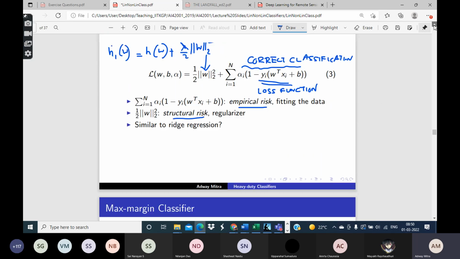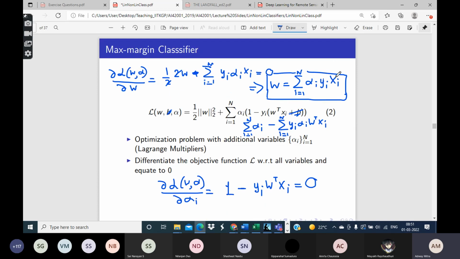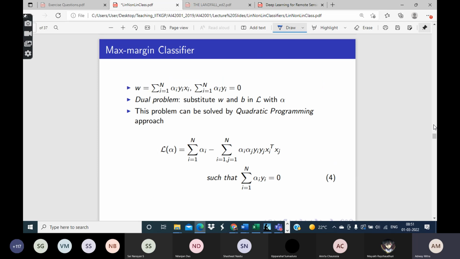This expression for W is not going to be of any immediate use to us, because there is not much we can do with it. But here we have got an expression for W. So what we will do is, in the objective function, wherever we have W, we will plug in this thing. Okay, so it will look like this.